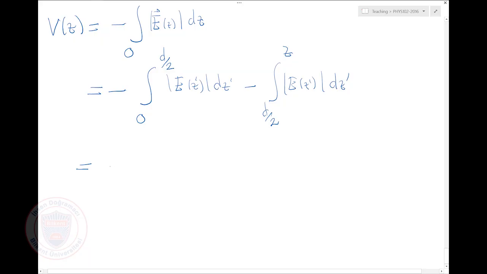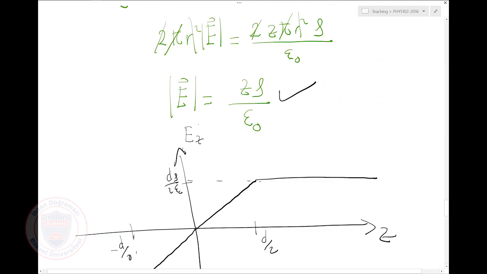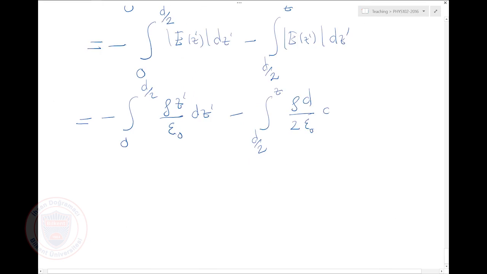Now, on the inside, what is the electric field? We just wrote it down. It's rho z over epsilon 0. And on the outside, what's the electric field? We found it. It was rho d over 2 epsilon 0.